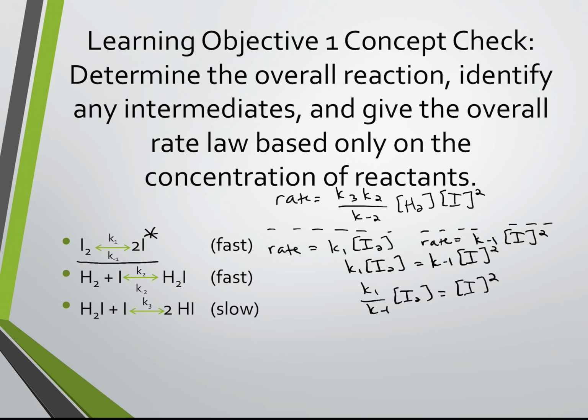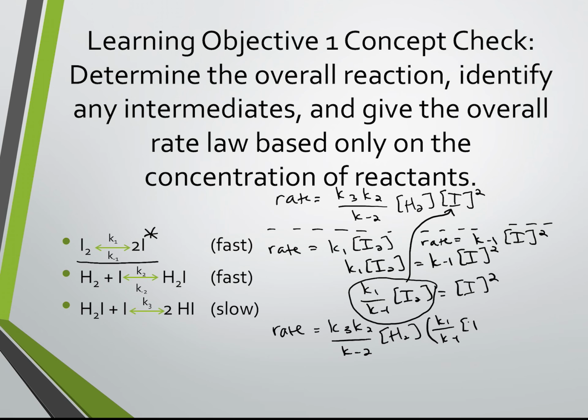Then this can go in for I squared, and we get rate is equal to k3 k2 over k minus 2 [H2] times k1 over k minus 1 [I2].